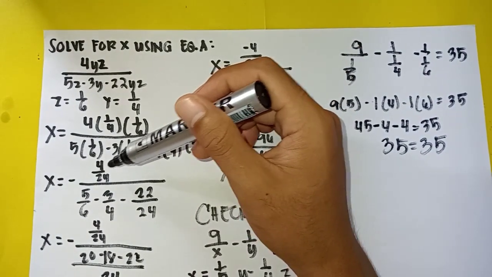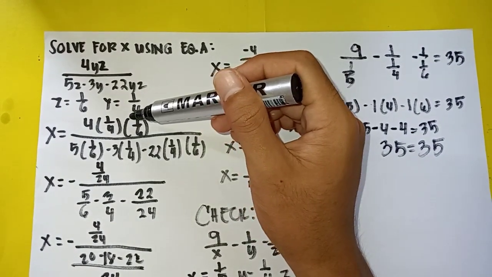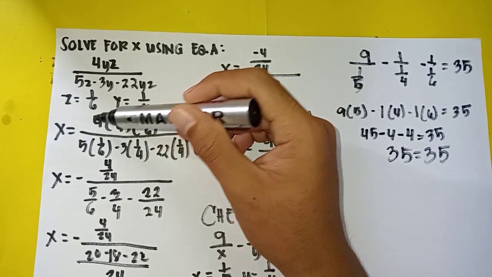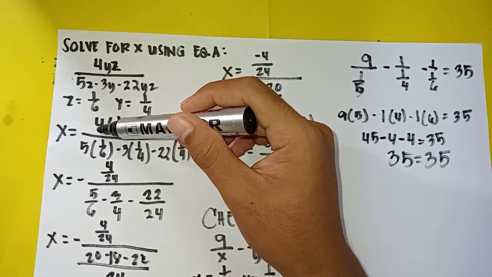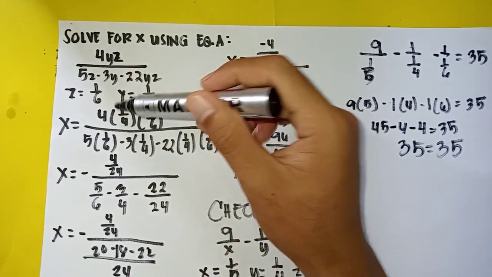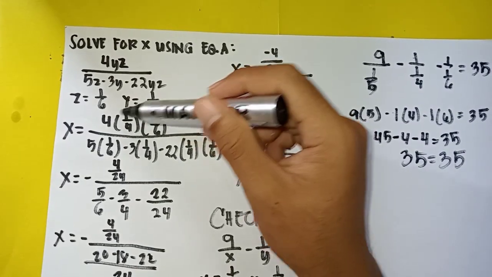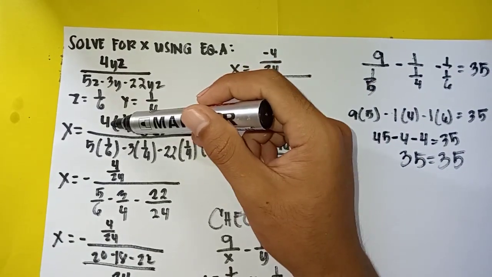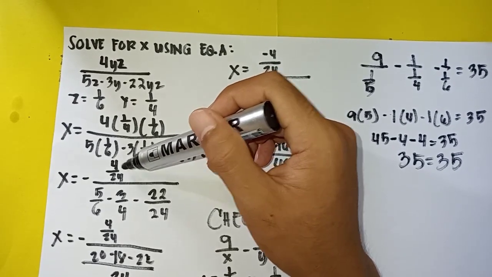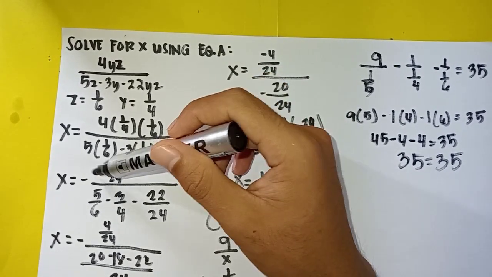So x is equal to, then to multiply this, we will multiply numerator to numerator and denominator to denominator. 4 times 1 times 1 is 4, and then 1 times 4 times 6 is 24.